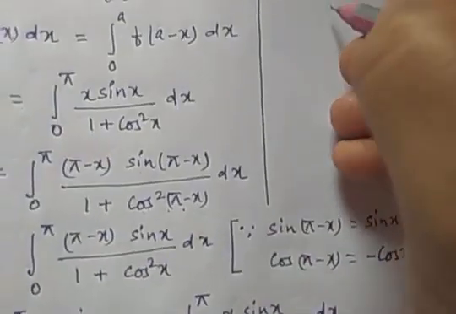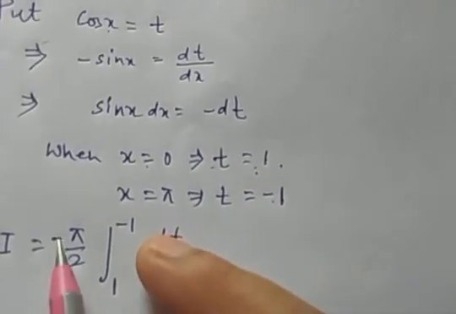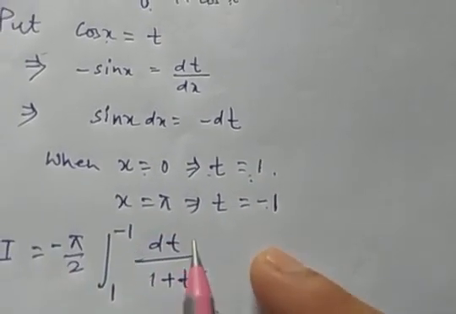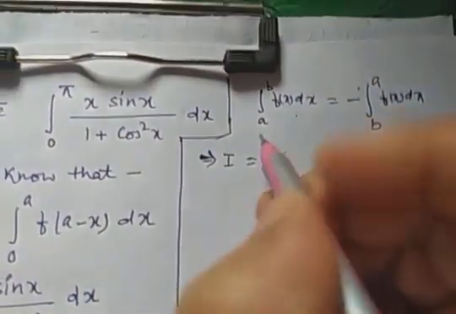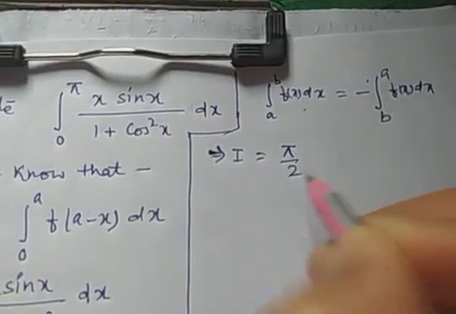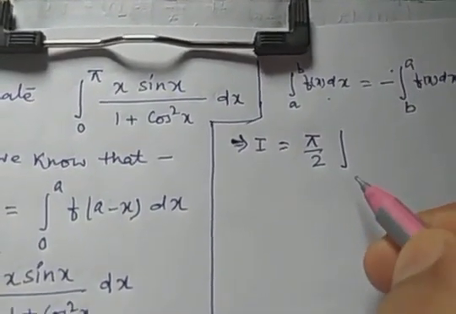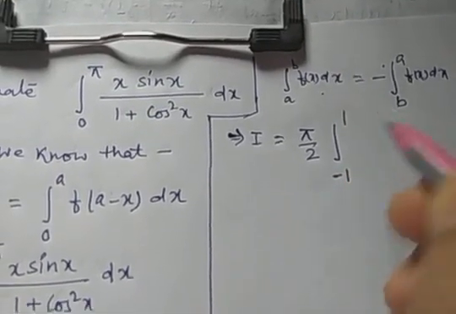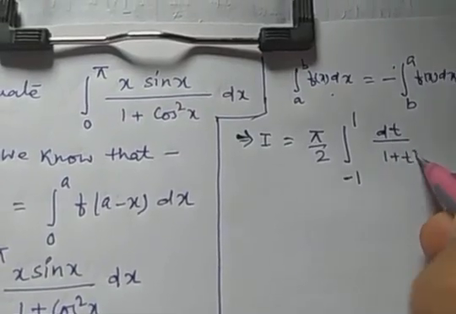Now with this property students, changing the limits here, minus into minus becomes plus. Okay, so we can write I is equal to pi by 2 integration from minus 1 to 1 of dt upon 1 plus t square.